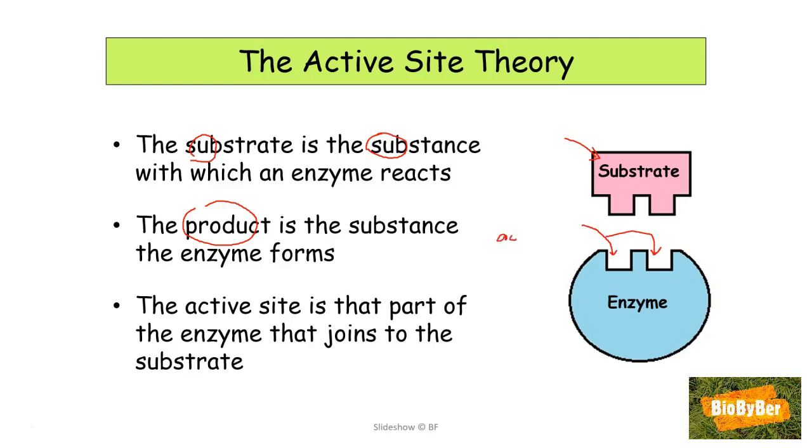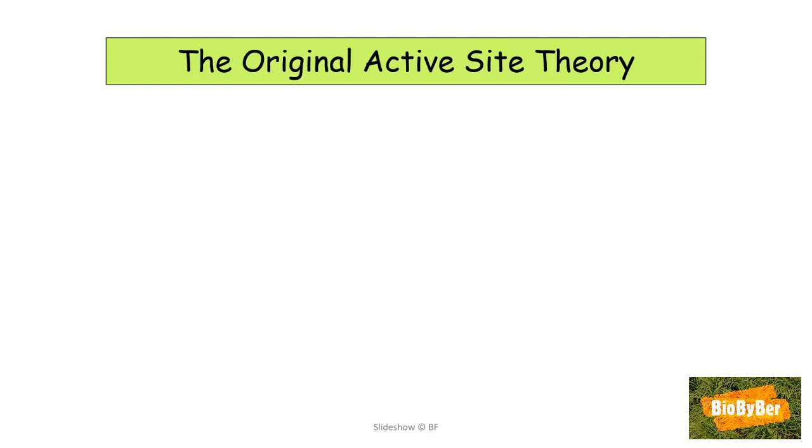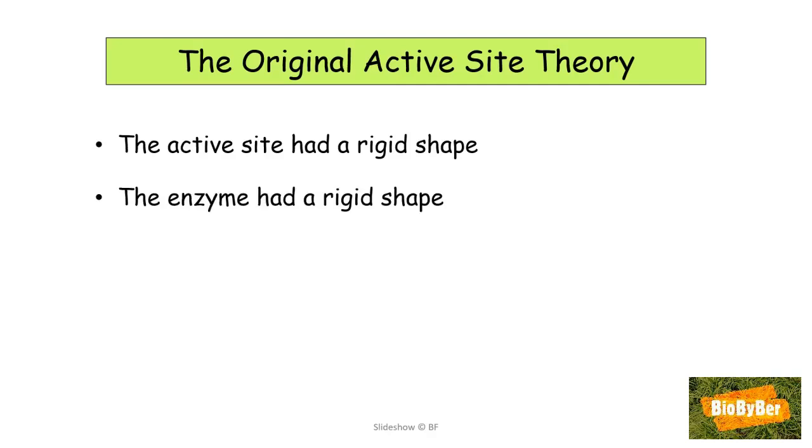You might notice, to keep life easy, I have made the shape of my active site like a letter E on its back. Now, the original active site theory stated that the active site had a rigid, inflexible shape.